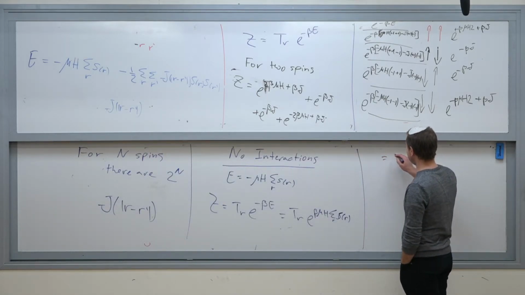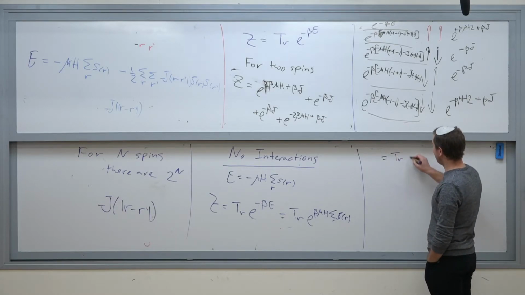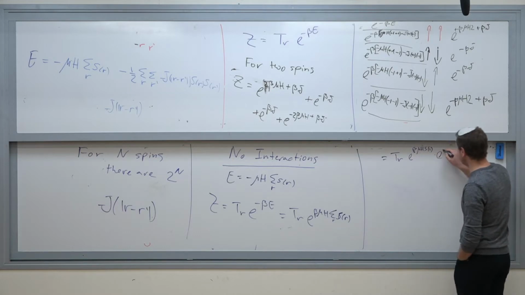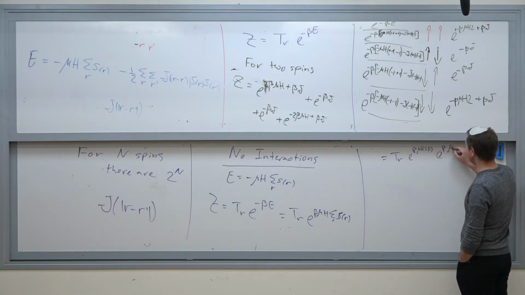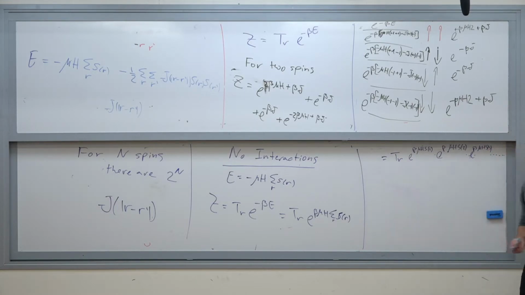Now this guy, I know that this is a trace of what? Of e to the power of beta mu h s of 1, multiplied by e to the beta mu h s of 2, multiplied by e to the beta mu h s of 3, and etc., etc. Okay.